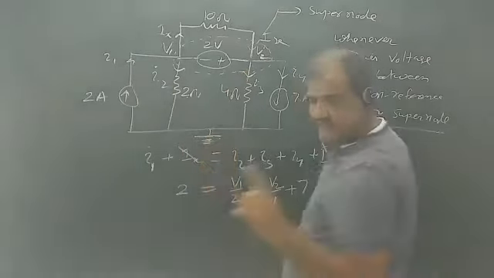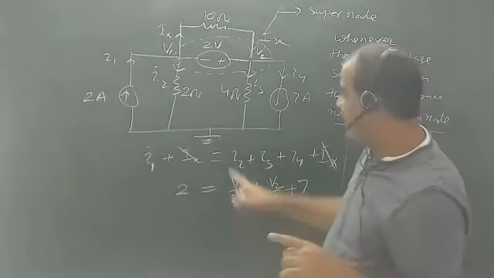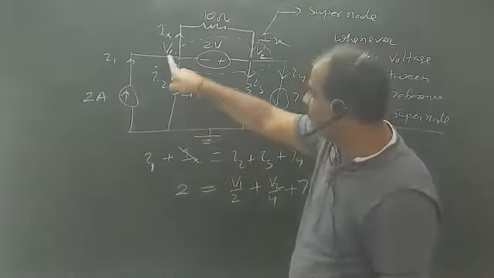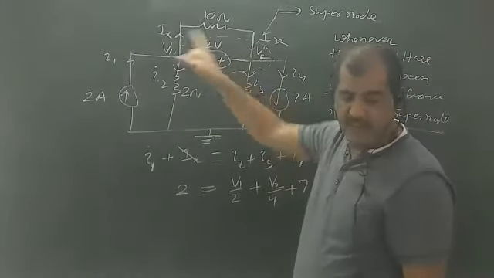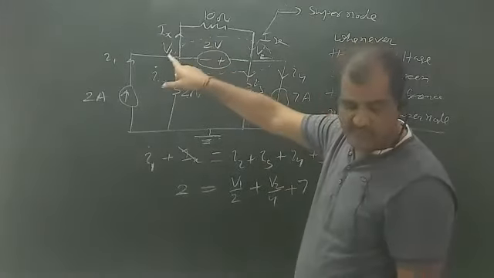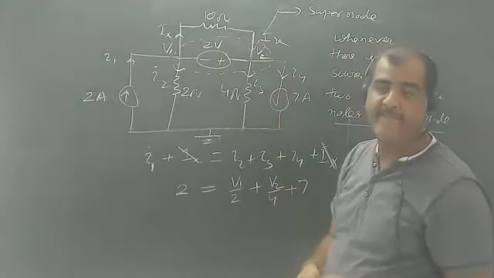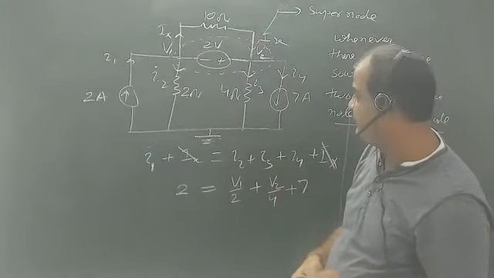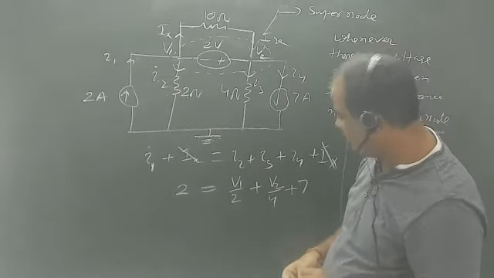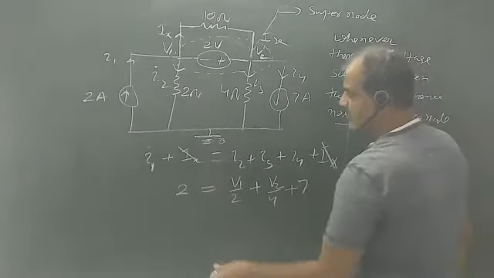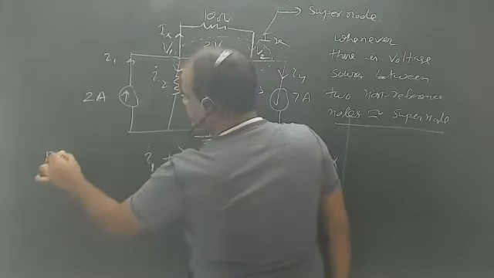We have to consider one node as ground, and with respect to that ground we have to calculate these voltages. So the ground is the reference node, and the others above are non-reference nodes.